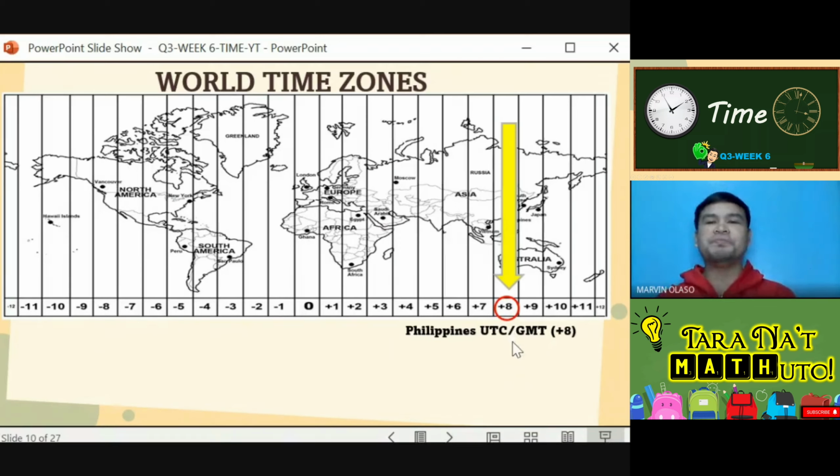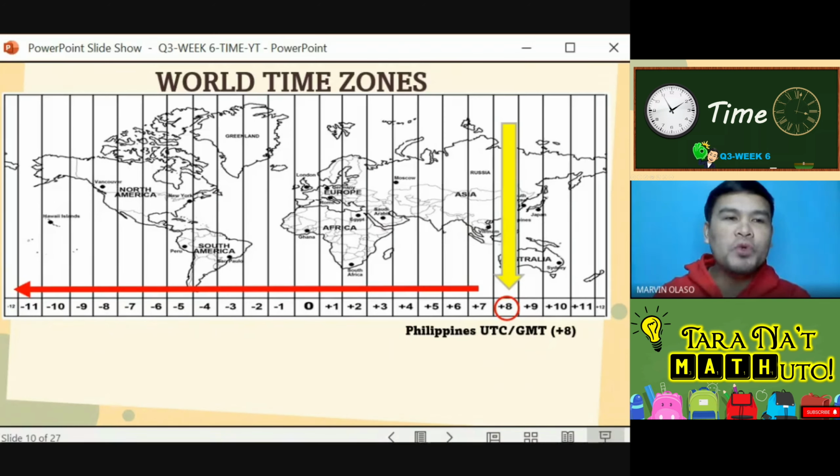Ngayon, tingnan ninyo. From positive 7 up to negative 12, tingnan nyo po yang mga bansang yan. These are the countries that are behind our UTC or GMT, which means we are ahead of them. Ibig sabihin, mas advanced tayo sa kanila.